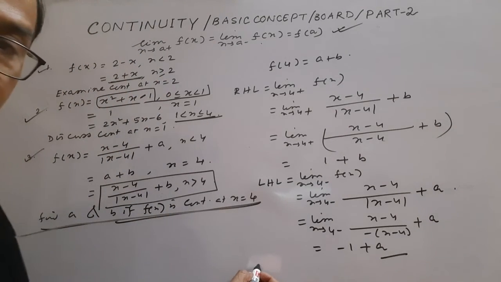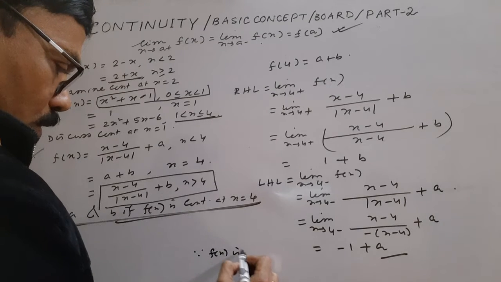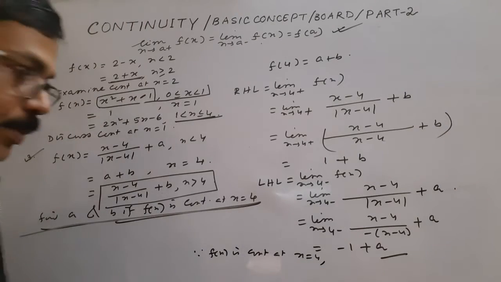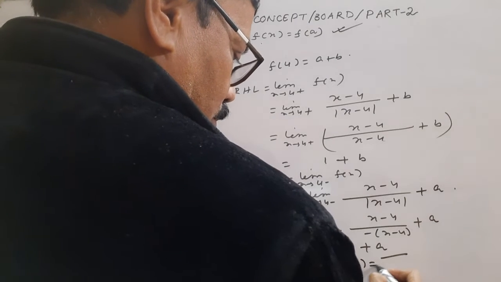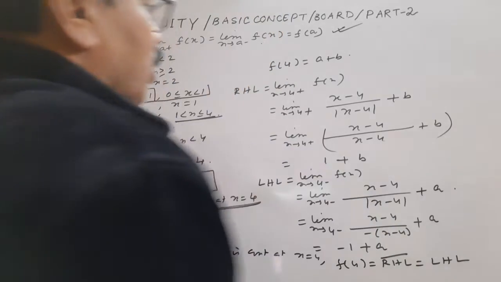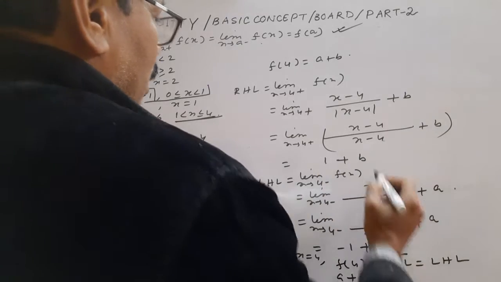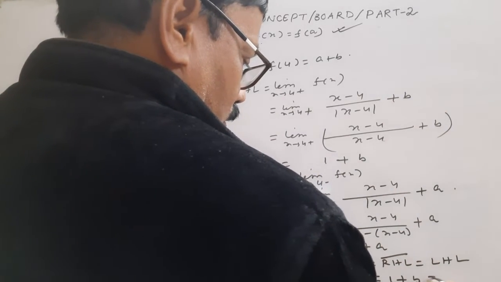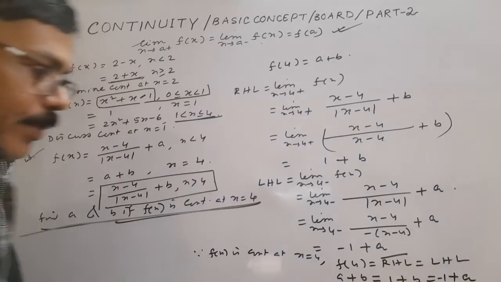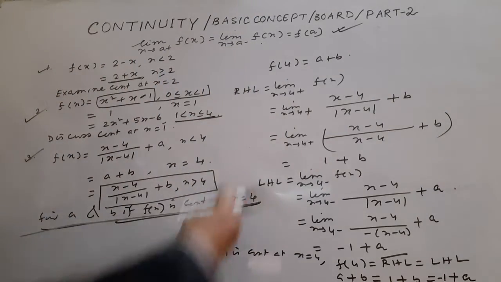So since f(x) is continuous at x equals 4, therefore f(4) equals right hand limit equals left hand limit. So what is f(4)? a plus b. What is the right hand limit? 1 plus b. What is the left hand limit? Minus 1 plus a. So solve and you find a and b.